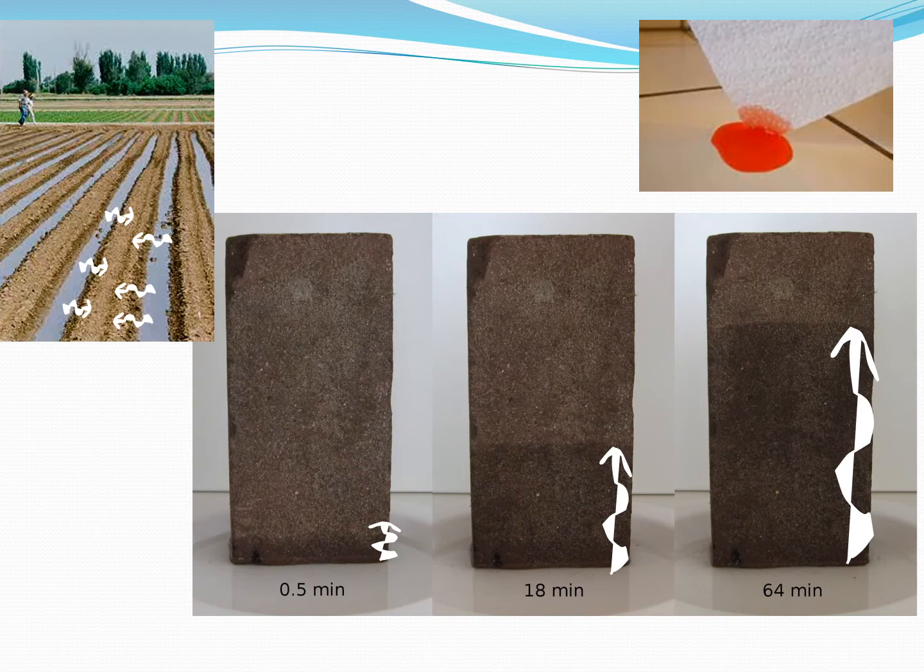However, they can move it a lot farther just because it's easier for water to crawl up their tiny pores. You can see in this example that in half a minute it moved up a little bit, and then in 18 minutes it moved up about a third of the block, and by 64 minutes, a little over an hour, we've covered a little more than 2/3 of the block with water.